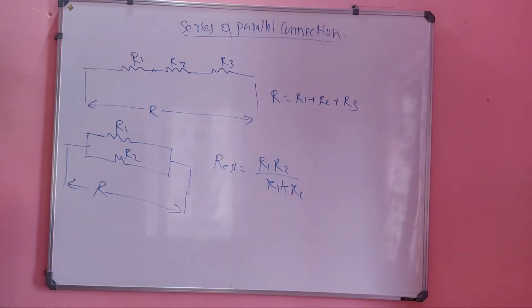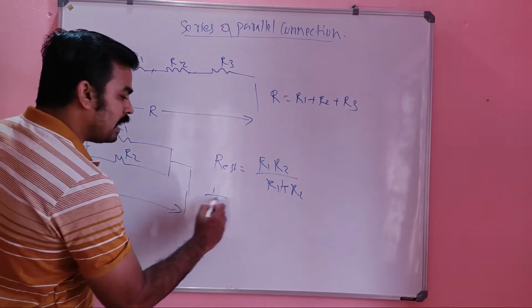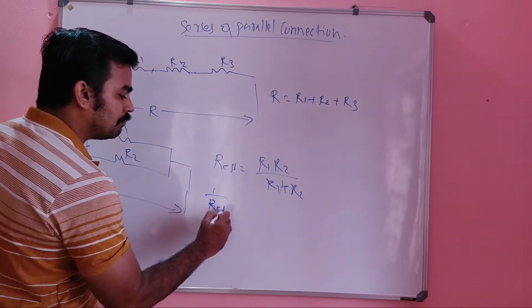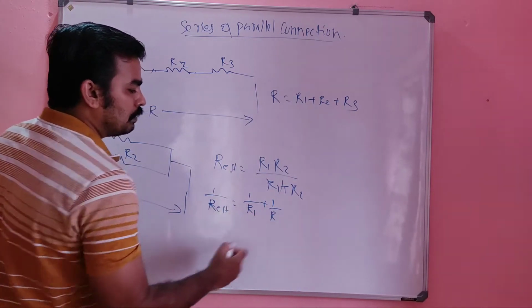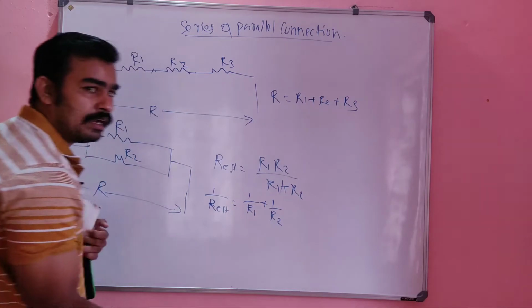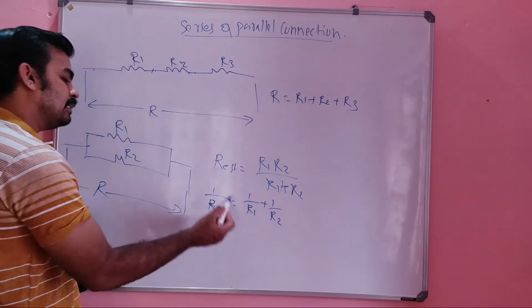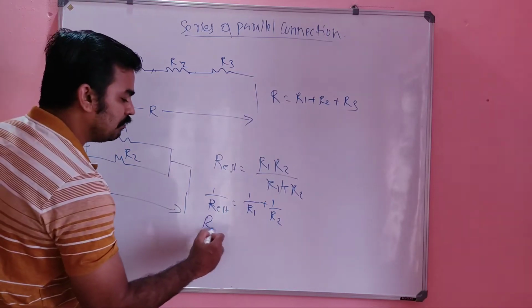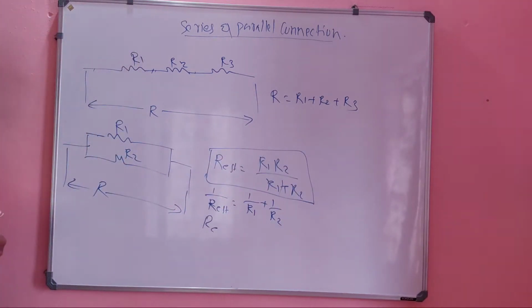It is obtained from 1 by R effective equal to 1 by R1 plus 1 by R2 and so on up to 1 by Rn. So for two resistors this is 1 by R1 plus 1 by R2, and simplifying that equation we get R effective equal to R1 R2 divided by R1 plus R2.